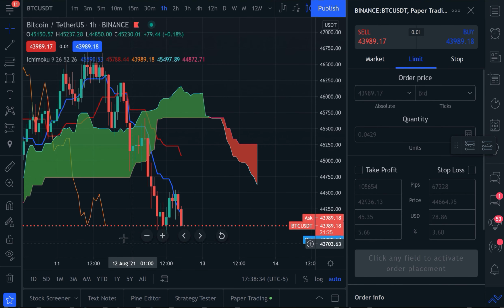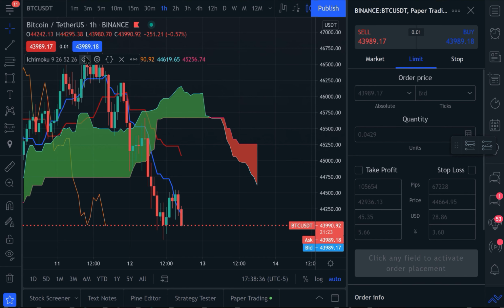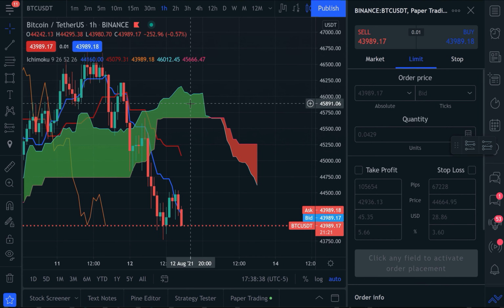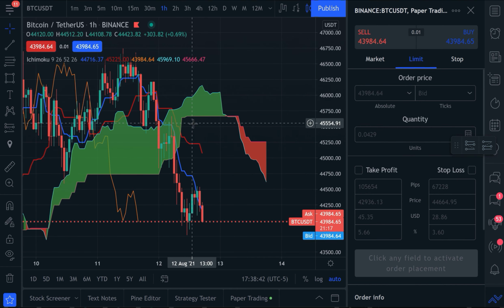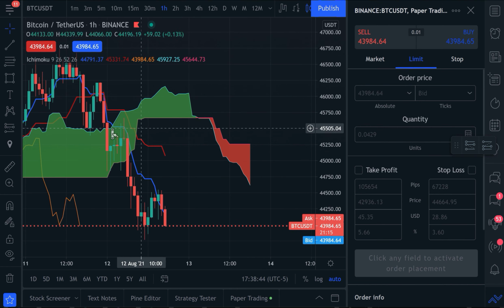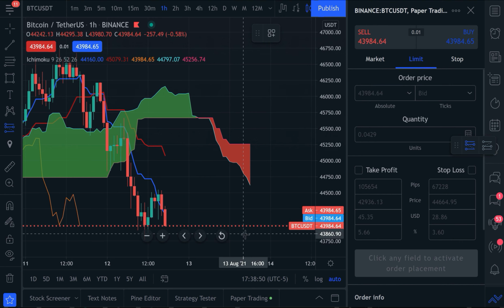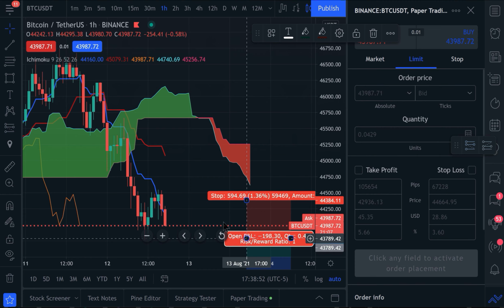And we will add Ichimoku, it is right here, and I will set the short position around here on the wick of the other candle.